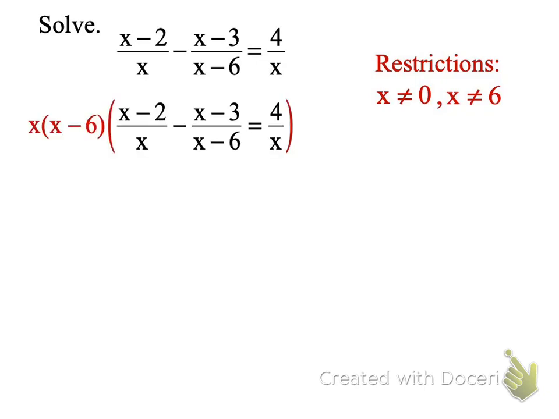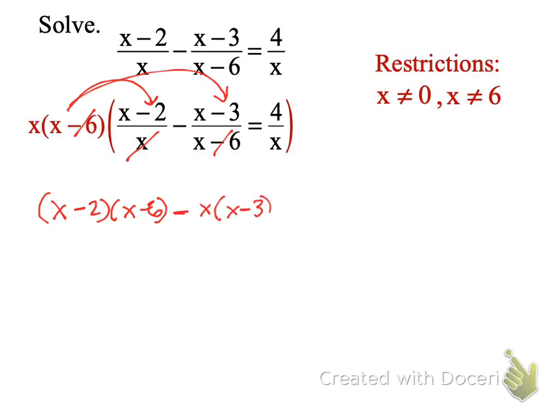Now when I distribute, remember this whole thing, not the reduced amount, gets distributed every time. Here the x is going to cancel out, and I'll be left with x minus 2 times x minus 6. Here, the x minus 6 cancels out, and I'm left with x times x minus 3.